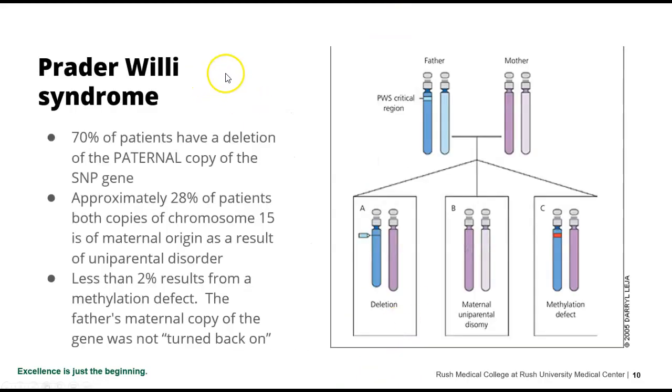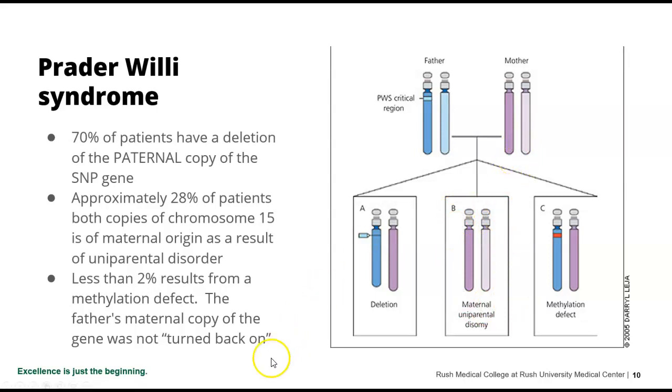So, 70% of patients with Prader-Willi have a deletion of the paternal copy of the SNRPN gene. So here's the critical region. About 70% of the time, dad's copy in the blue is deleted. About 28% of the time, both copies come from mom, as I was showing you in the last slide, the UPD.